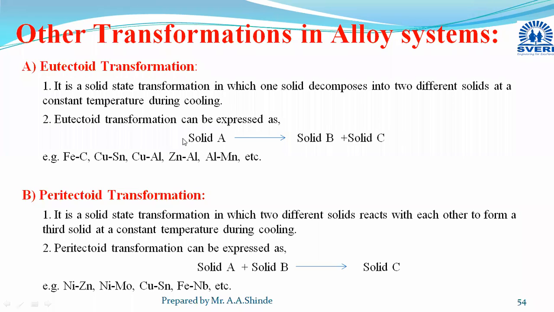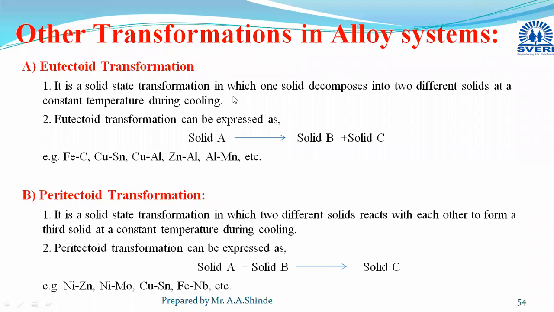Okay, this is how it is expressed. The expression for this eutectoid transformation can be expressed as one solid gives a mixture of two different solids. Okay, now what is the eutectoid transformation?